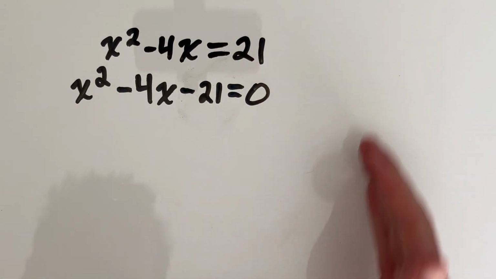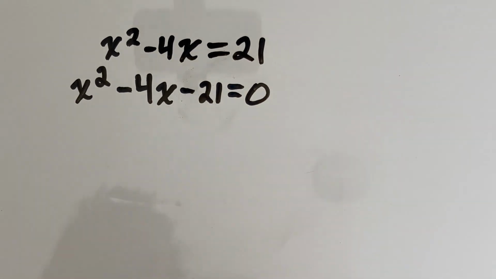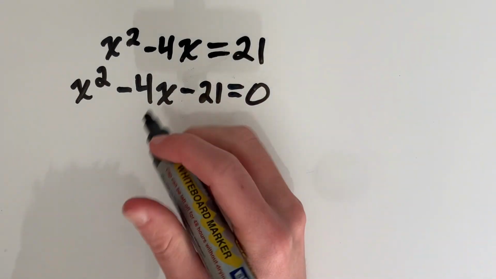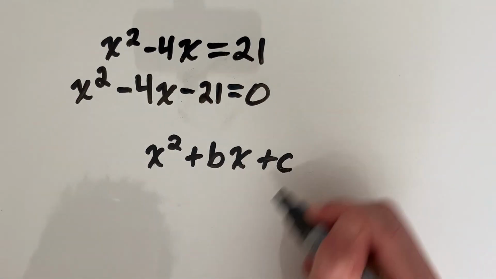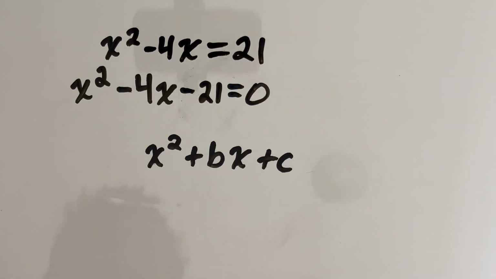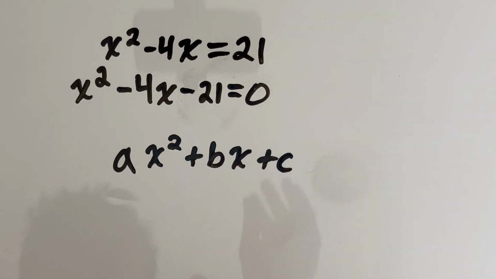You want to move everything to one side so that it is equal to 0. Once you do that, your quadratic should be in the form x squared plus bx plus c. So in this case, we have x squared starting off. Sometimes you get a number in front of that x squared. That will change how we solve these equations a little bit.